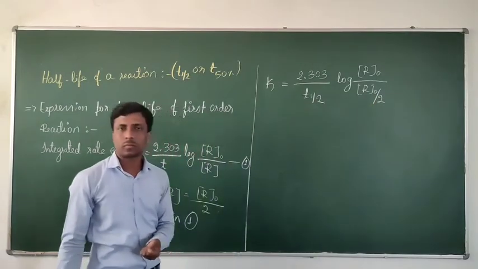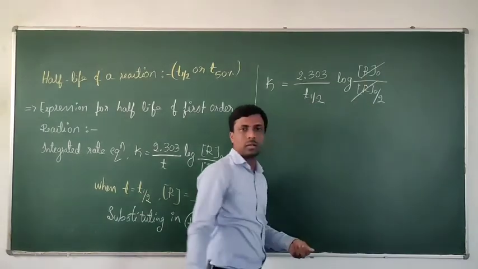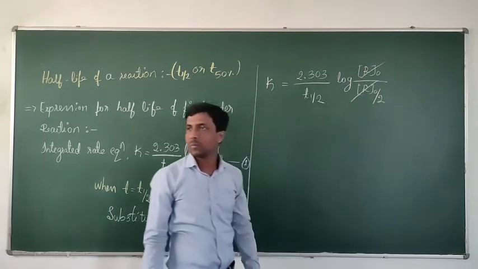Okay? This R naught gets cancelled. And here 2 is the denominator of the denominator, so 2 becomes the numerator.